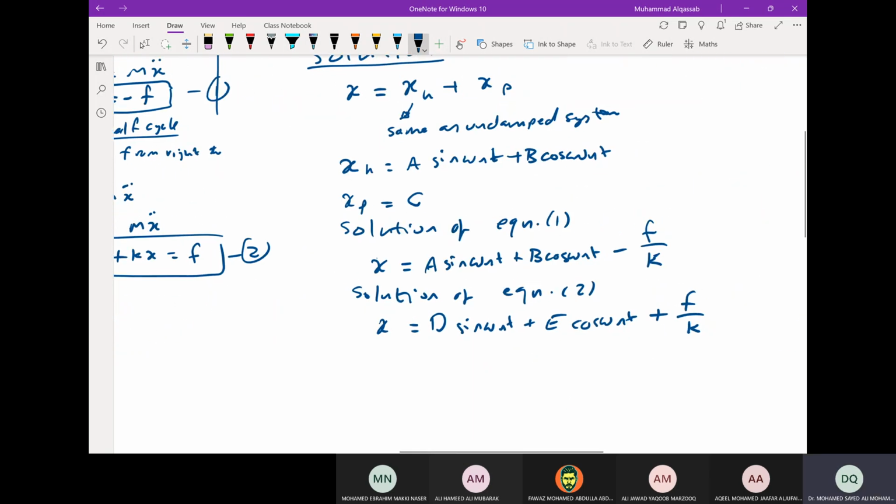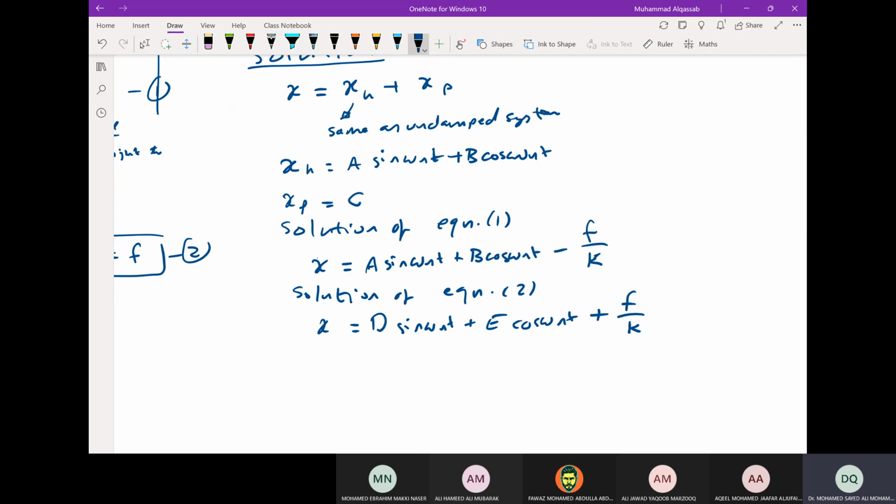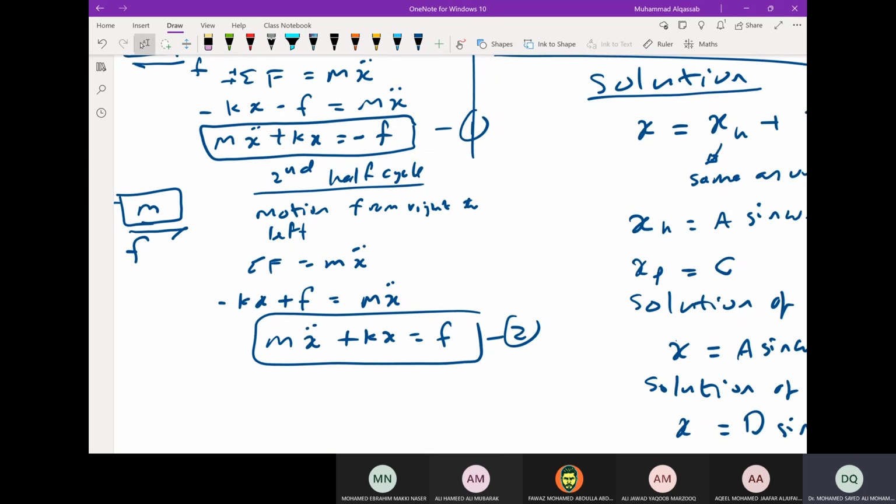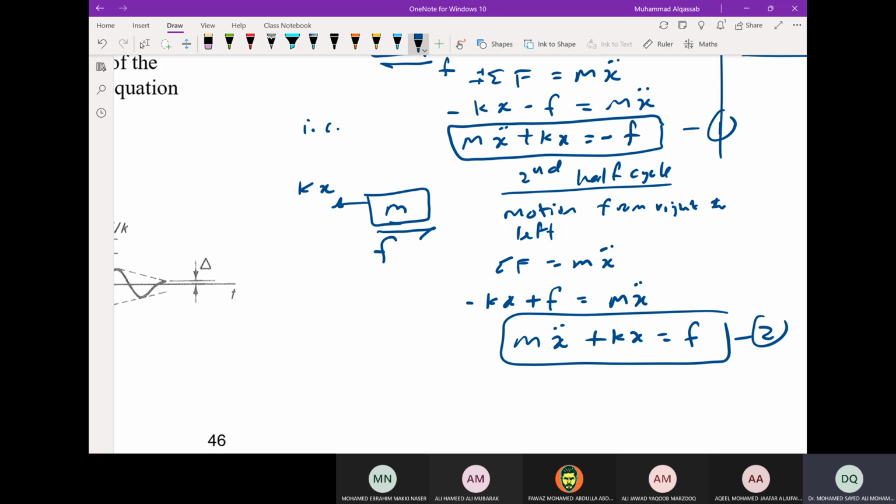If those two equations are for the first cycle, then we should have initial conditions associated with the differential equation. If this is the first cycle, it means initial conditions at t equal to 0. It should be given x at 0 and x dot at 0. For the second equation, you cannot proceed if you don't know what the initial conditions are.